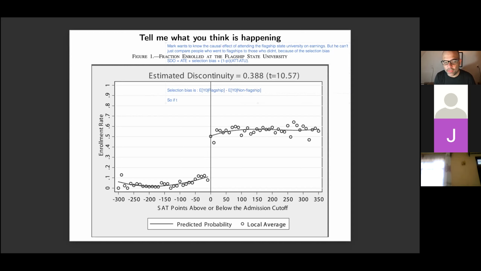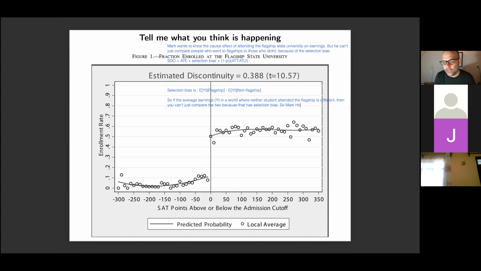So if the average earnings Y in a world where neither student attended the flagship is different, then you can't just compare the two, because that has selection bias.